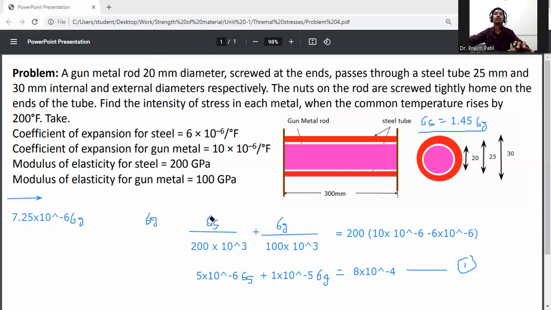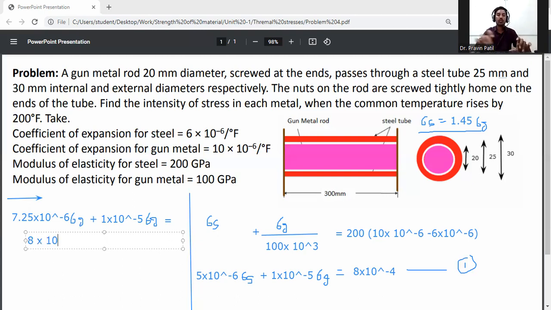8 into 10 raised to the power minus 4. Okay, so in terms of sigma g, it will be 7.25 into 10 raised to the power minus 6 plus 1 into 10 raised to the power minus 5.